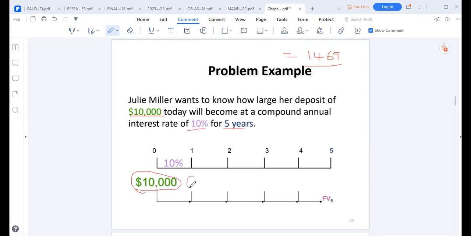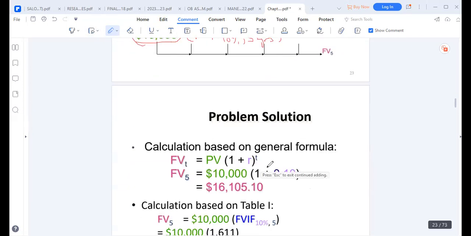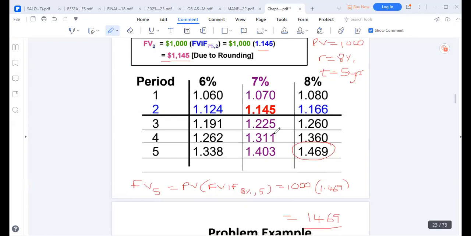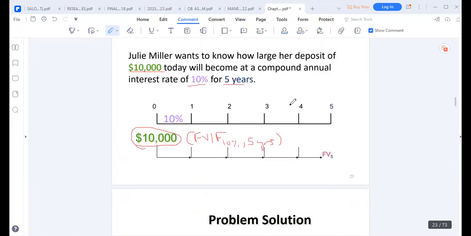So meaning the future value interest factor. If you're using the table, you check under 10% and under 5 years. The table I showed ends at 8%, so you can check on a table under 10% under 5 years.